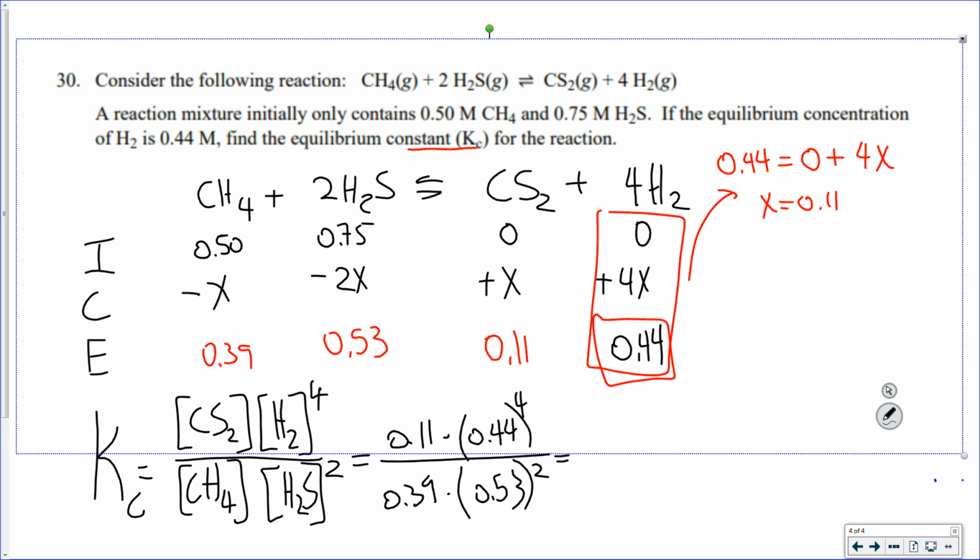So it's a number. Remember, make sure you can take things to the power that you need to in your calculator, and come up with that number.